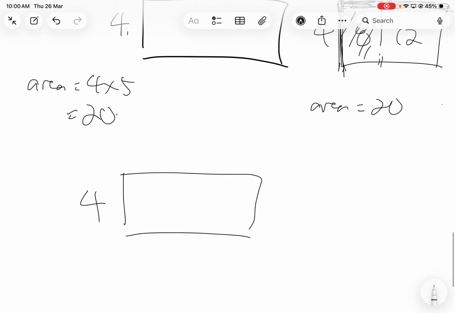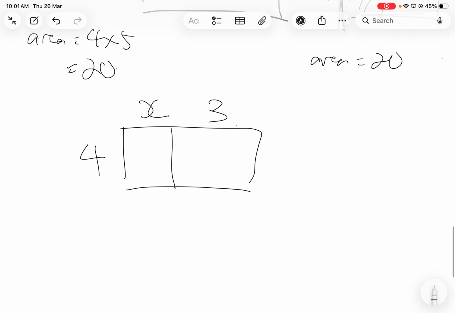Okay. So now, if I change the numbers a bit, I still have 4 here. Then this time round, here, what is the total area? Can you all see that the total area is length times breadth.